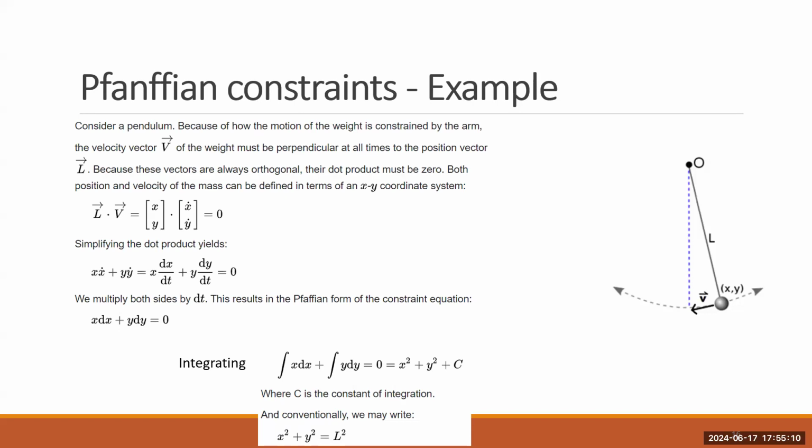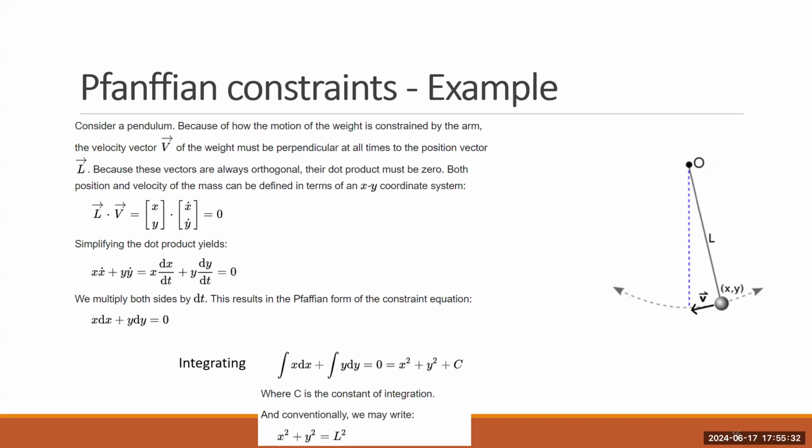x x dot plus y y dot is x dx/dt plus y dy/dt. If we multiply each side by dt, we get x dx plus y dy. This is the constraint equation.